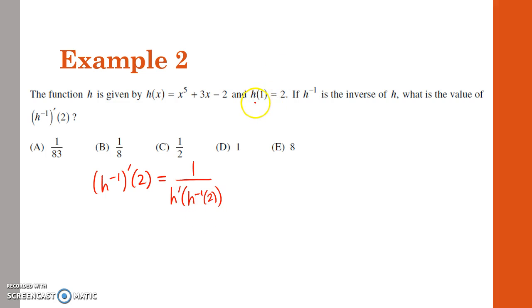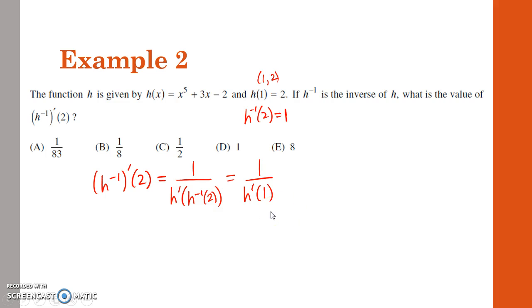If h of 1 equals 2, that means the point 1, 2 is on the graph of h, which means its inverse would have to have the point 2, 1. So the inverse of h of 2 equals 1. We can plug that in right here, so this becomes 1 over h prime of 1.